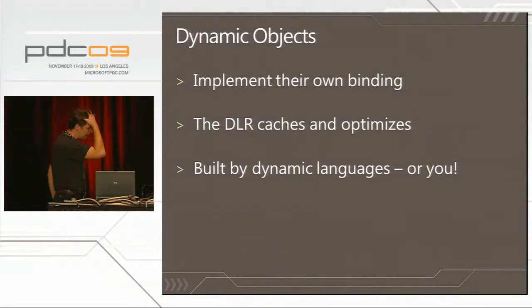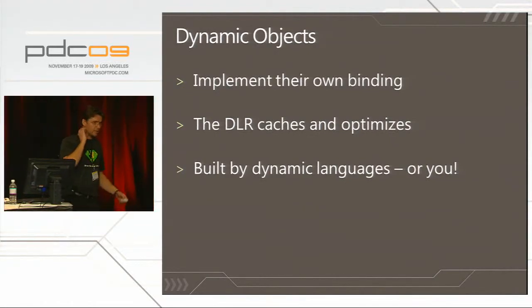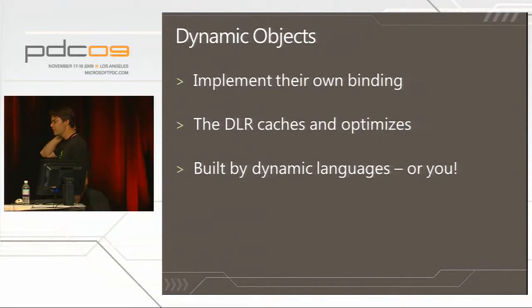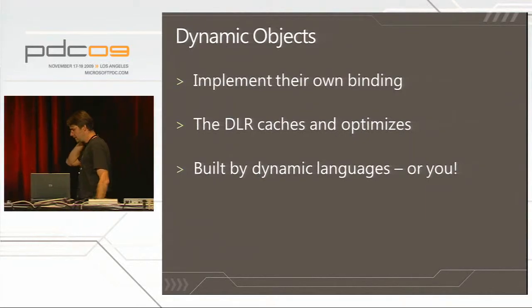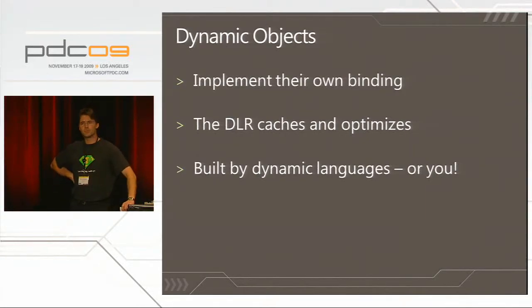Now, you can imagine that doing all these kinds of things programmatically, like doing binding at runtime, can be pretty darn slow. If any of you have experience with dynamic language implementations, they can sometimes be slow. Or sometimes a bunch of people put a heck of a lot of work into making them fast.